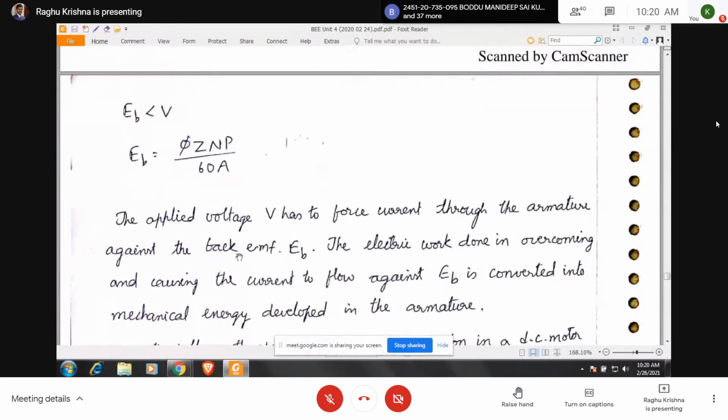Now the applied voltage V has to force current through the armature against the back EMF EB.